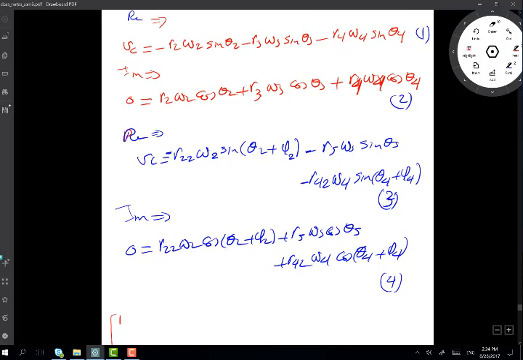And then I will have over here minus, I'll have plus R3 sine theta 3, and then I will have over here R4 sine theta 4.